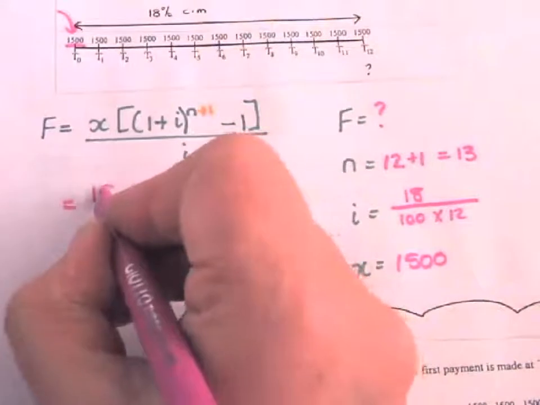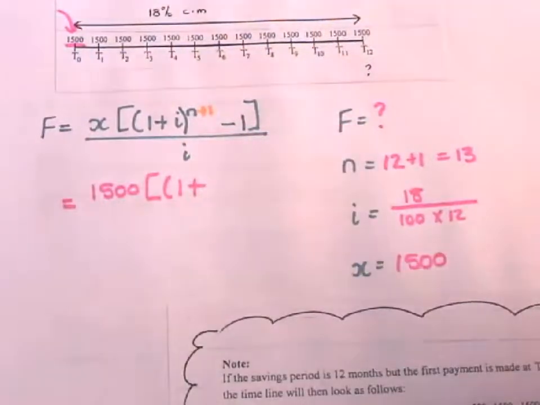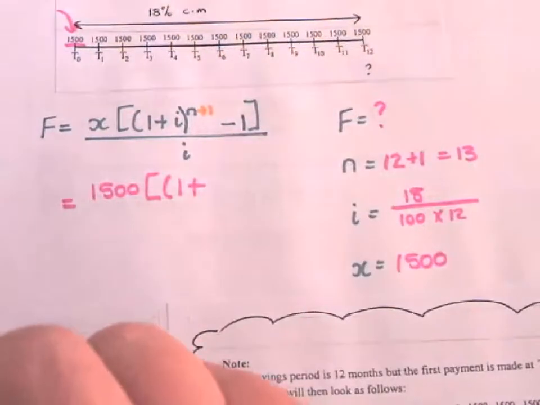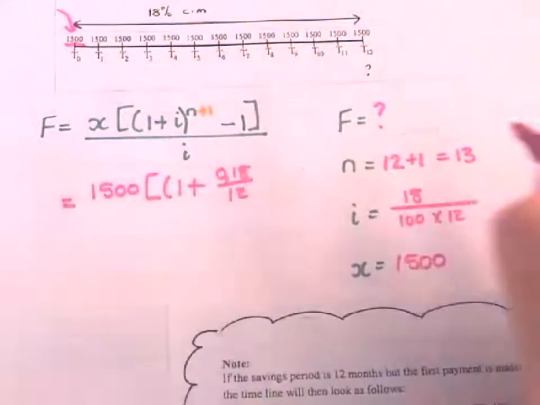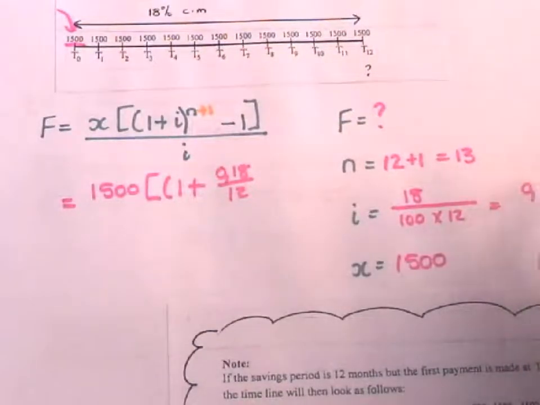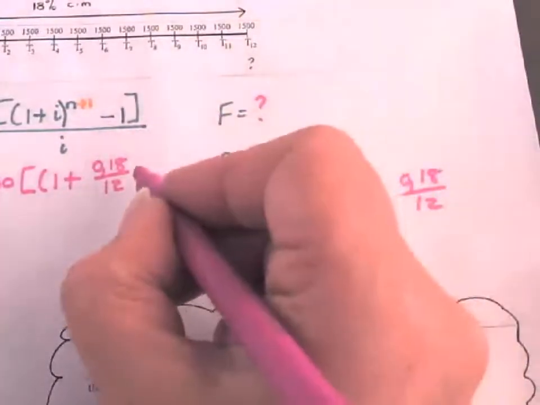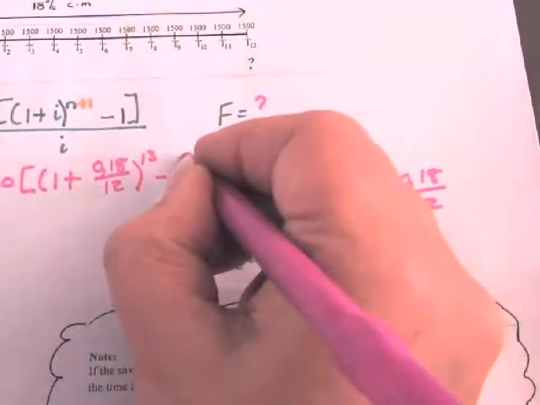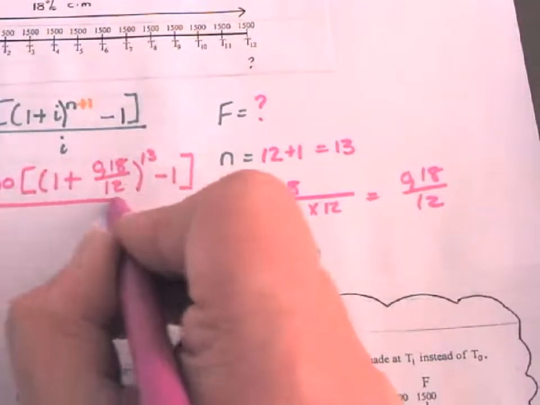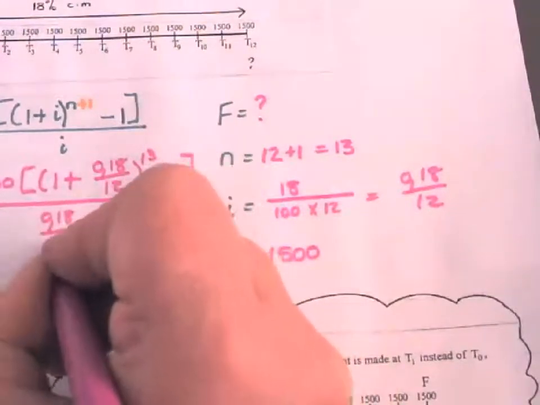X is 1,500. 1 plus I, it's 0.18 over 12, to the power of 13 minus 1, divide everything with I, 0.18 over 12.